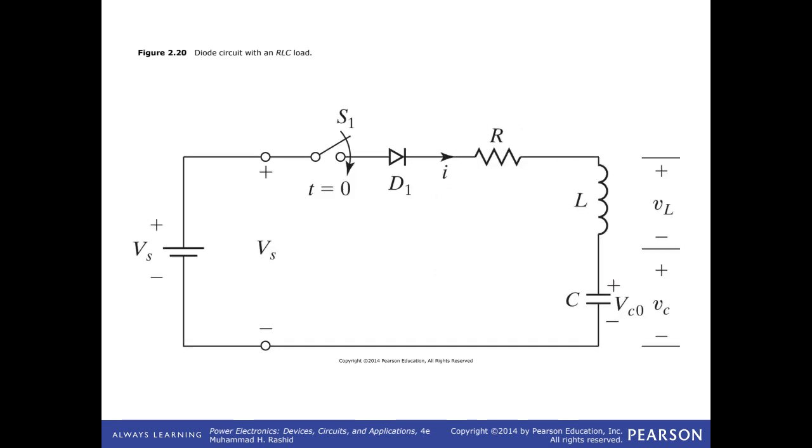Now we have another problem, an RLC network. You remember from control theory, if we have a network like this, however, this one has got a DC source. What kind of structure do we expect from this?